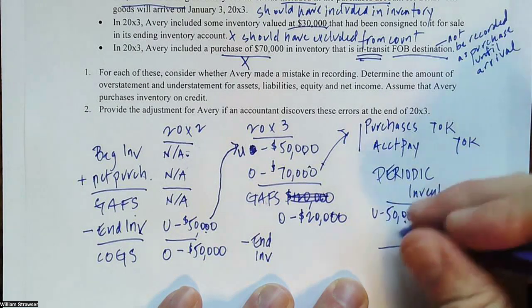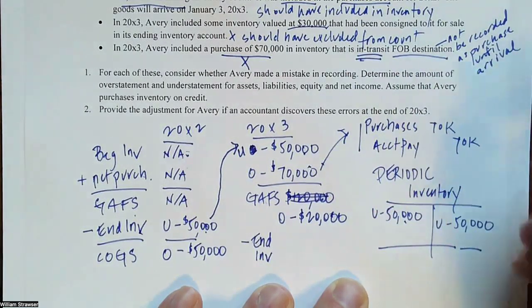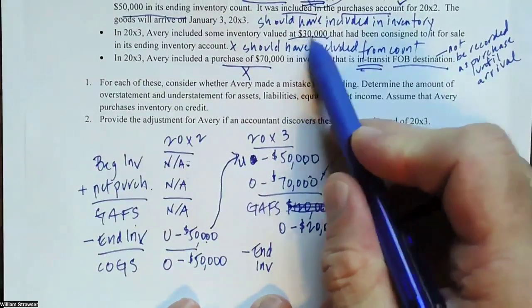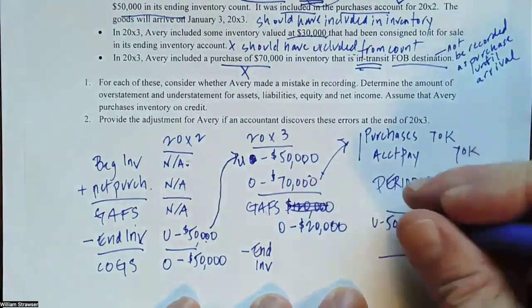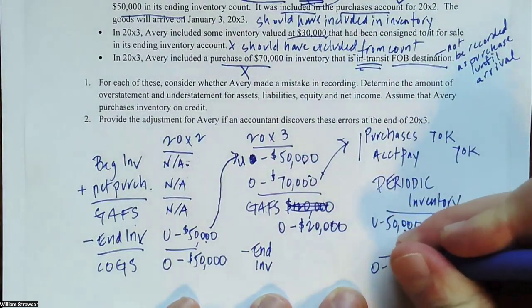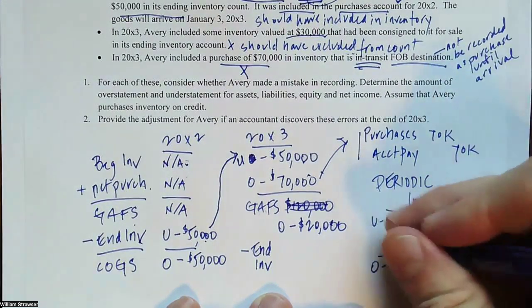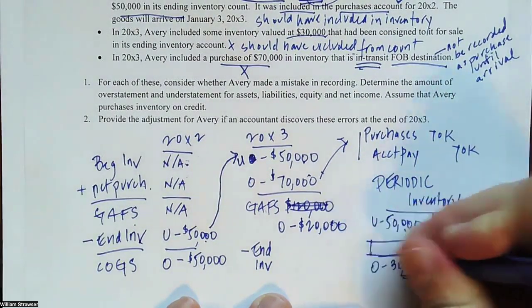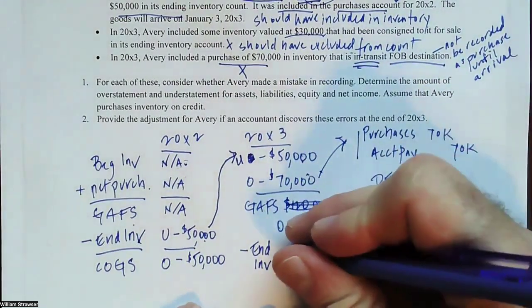And then we're going to debit ending inventory at the amount we count, which in this case included that 30,000. It should have excluded that. So it overstated the ending inventory by 30,000. And then we make an adjustment with our cost of goods sold periodic entry.